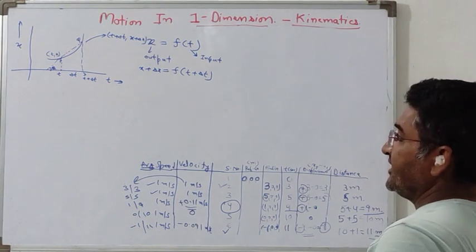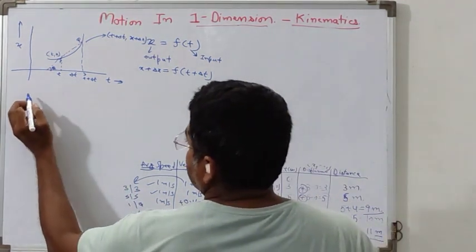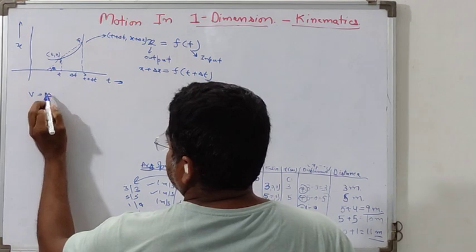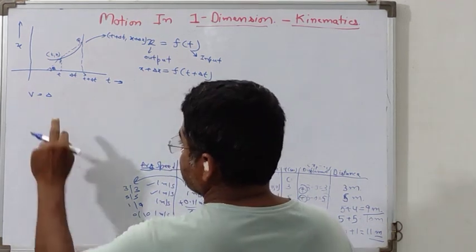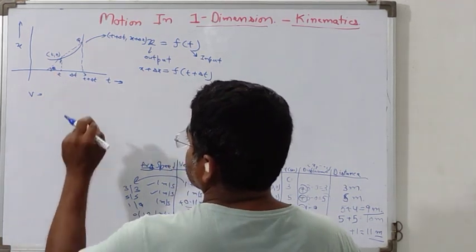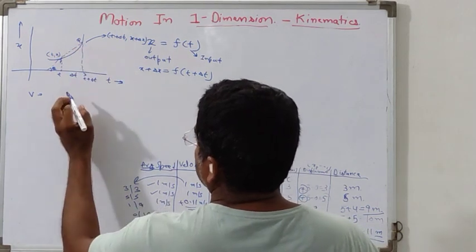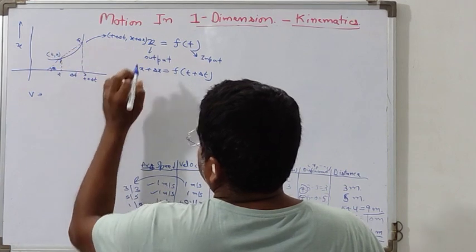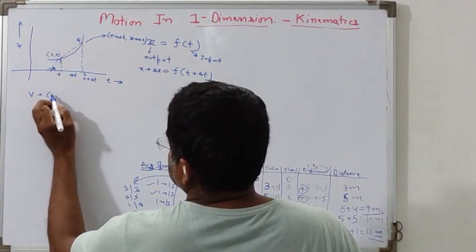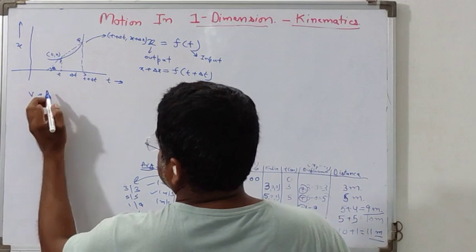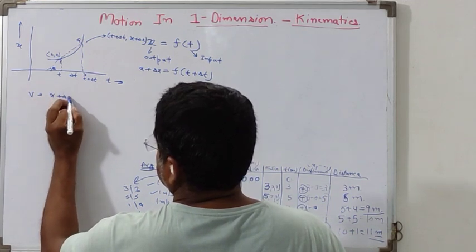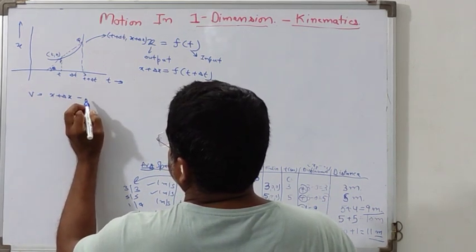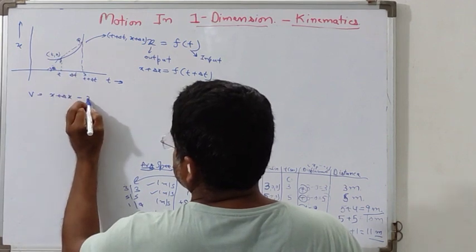And now with our definition of average velocity, v is equal to the change in position. So what is the change in position? At Q we have the position x plus delta x, minus the initial position x.